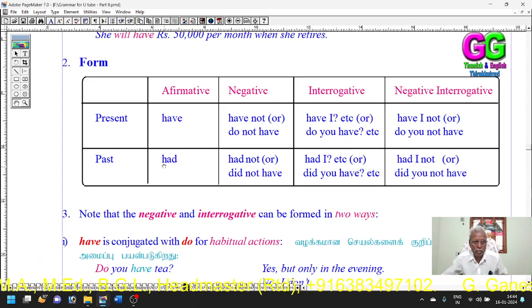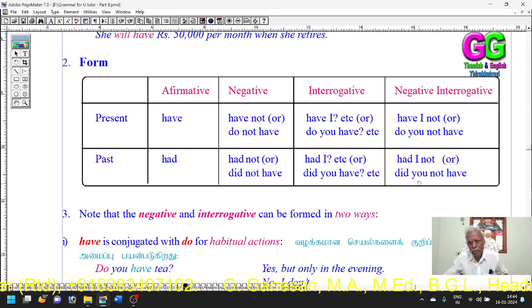Then past: affirmative had; negative had not or did not have. Interrogative: had I or did you have? Had they or did they have? Negative interrogative: had I not or did you not have?